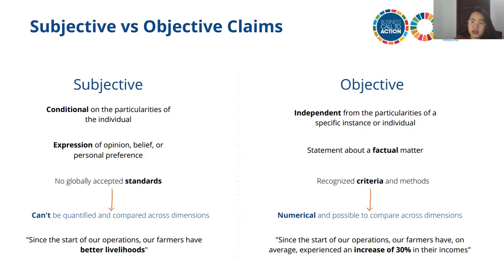Kasi pag sinabi mong better livelihoods, marami yan. Okay? Hindi lang incomes ang scope niyan. So when you say an increase of 30% in their incomes, it is aligned with the goal of the startup, it is specific, it is measurable, and it is factual. Okay? Independent of specific instance or particularities of a specific instance or individual.